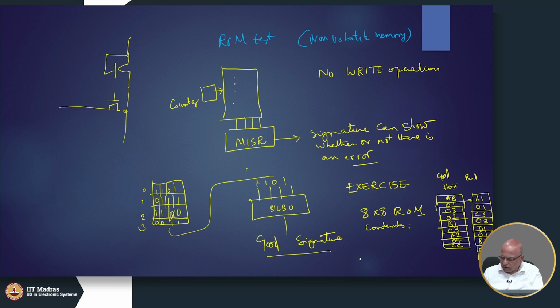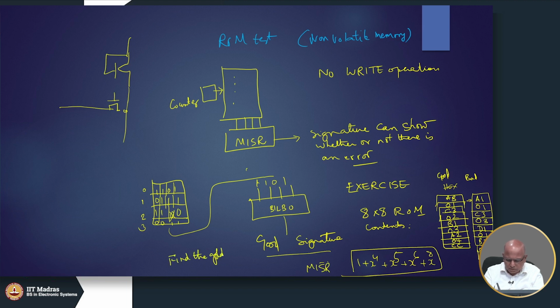So, use the LFSR 1 plus x power 4 plus x power 5 plus x power 6 plus x power 8, which we illustrated in the class. This should be the LFSR, sorry, the MISR polynomial, and find the signature and find the faulty signature.